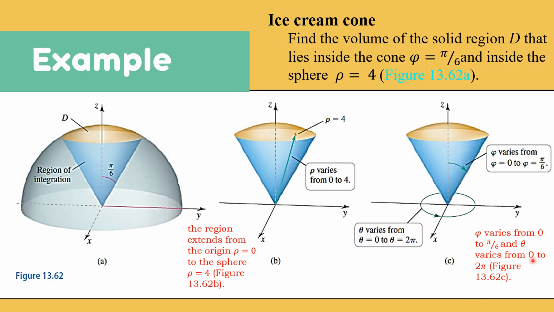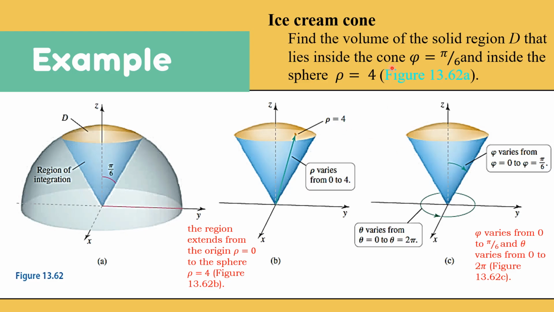That gives us the limit of 0 to 2 pi. So theta varies from theta equals 0 to theta equals 2 pi. You can see this angle here. So we can also take note of that as our limits for theta.